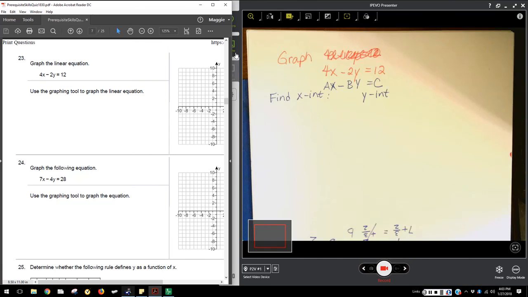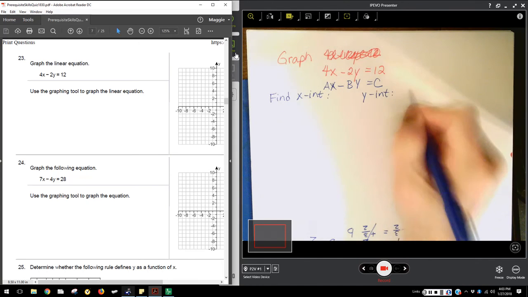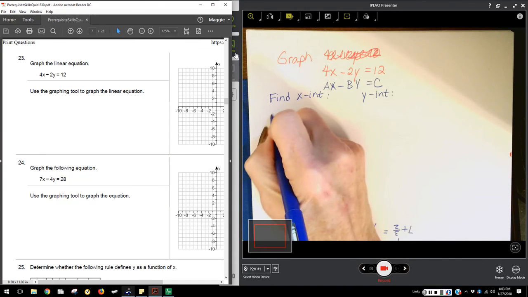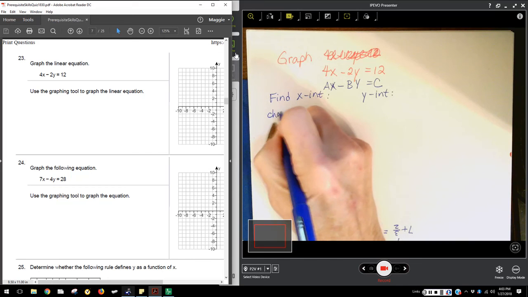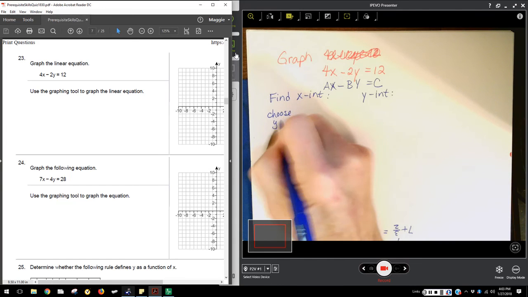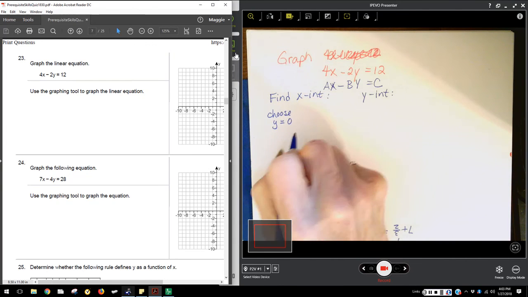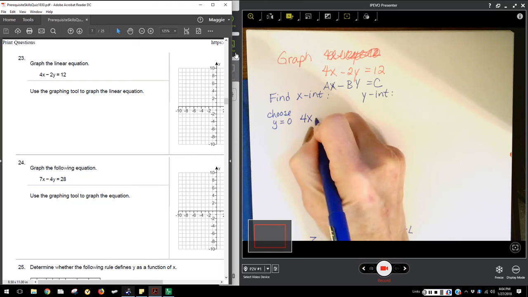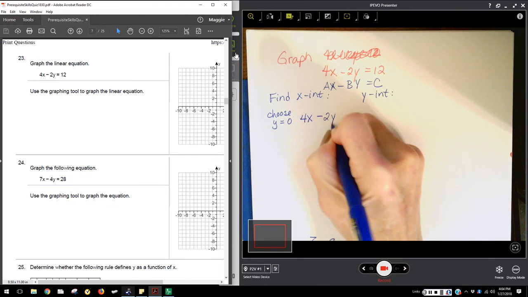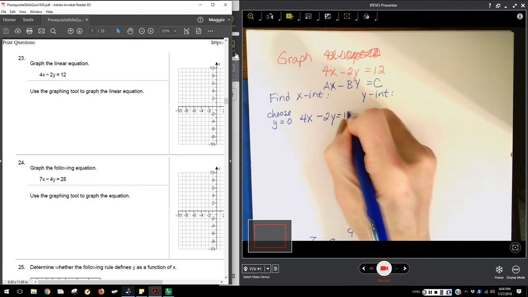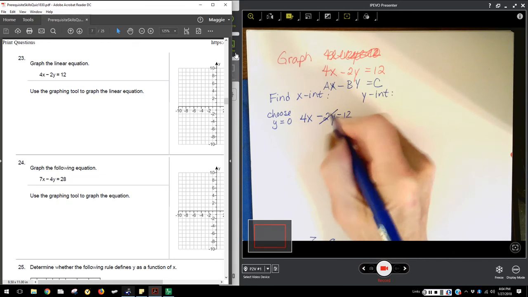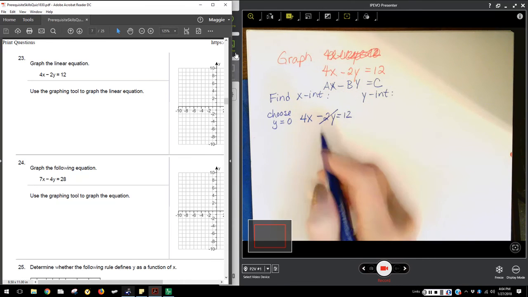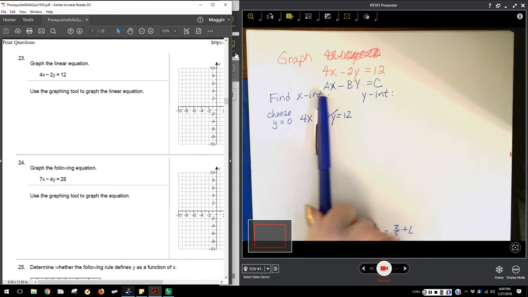So that's what we're going to do. To find its x-intercept, choose y equals 0. So that means you have 4x minus 2y equals 12, and you've chosen y to be 0, which means that disappears because negative 2 times 0 is 0.